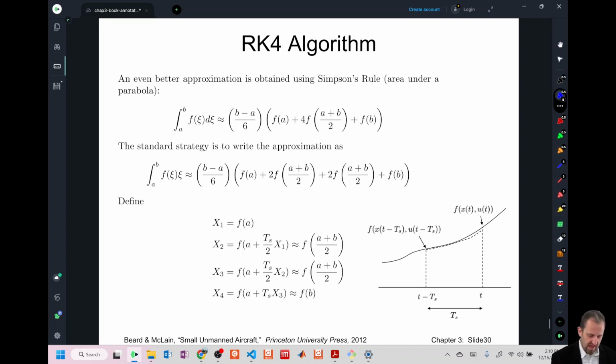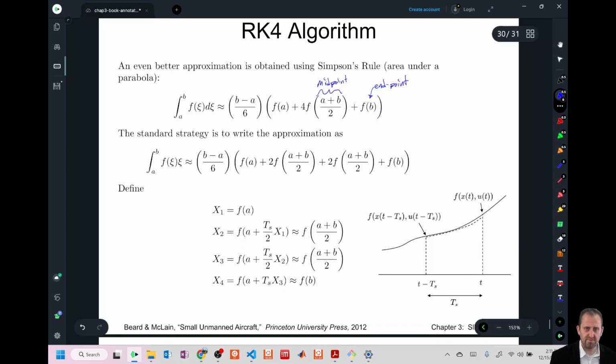So again, we can follow very similar formulations, right? We have f of a, and then we would evaluate f of a plus b over 2. So this is the midpoint, and this is the end point. Okay.